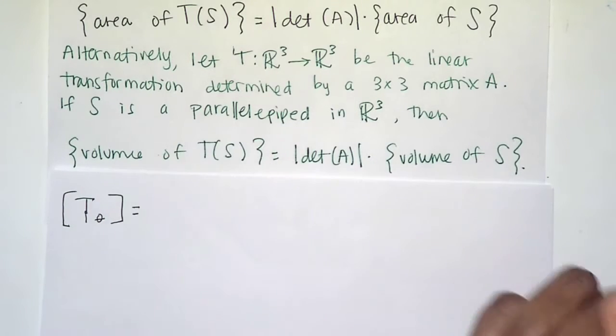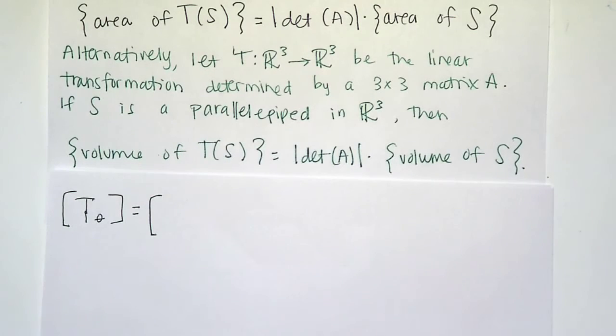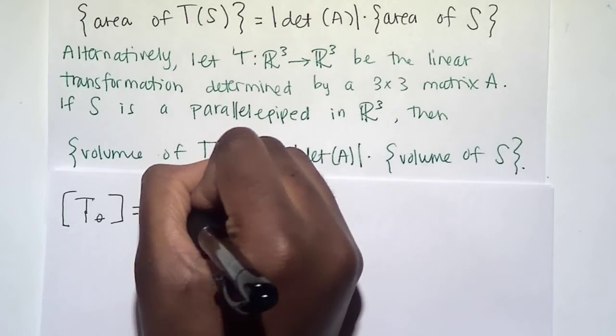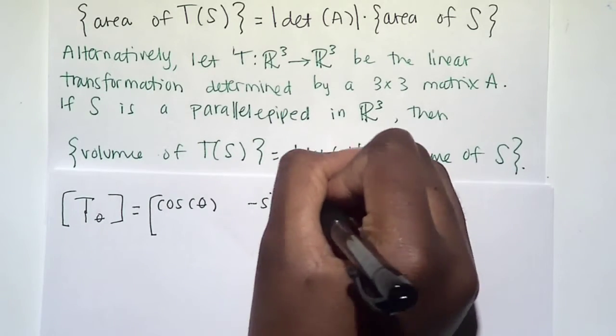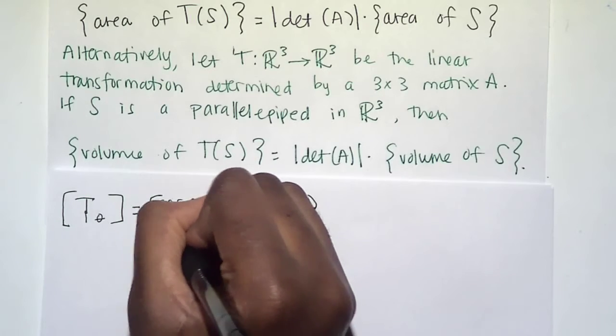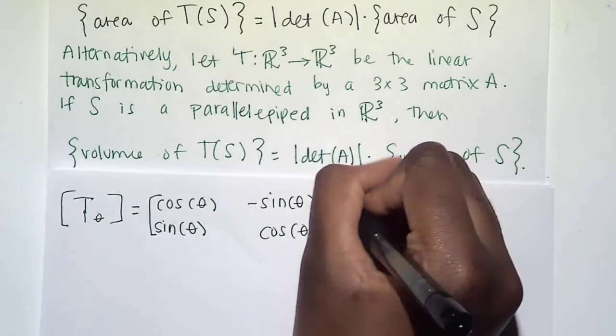It's actually the rotation matrix. So it's cosine theta, negative sine theta, sine theta, cosine theta.